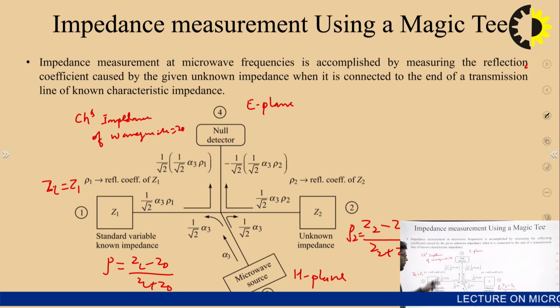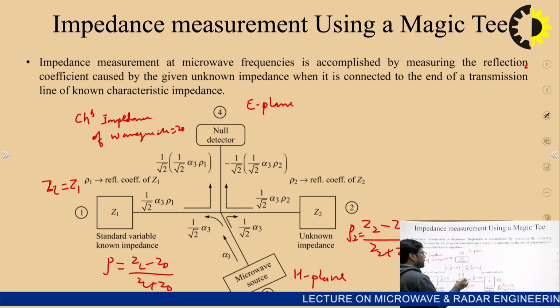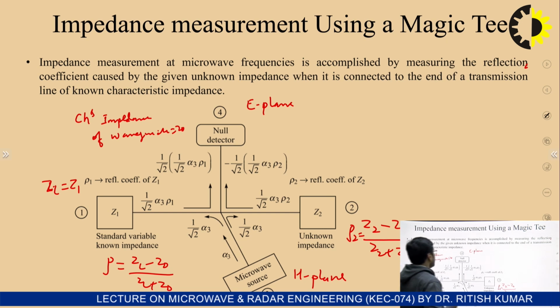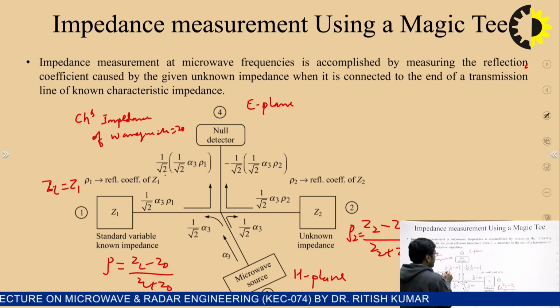Here both the fields should be in the same phase, that's why you have to take the negative sign here, because the E plane port works as a subtractor port. So this comes into the picture.